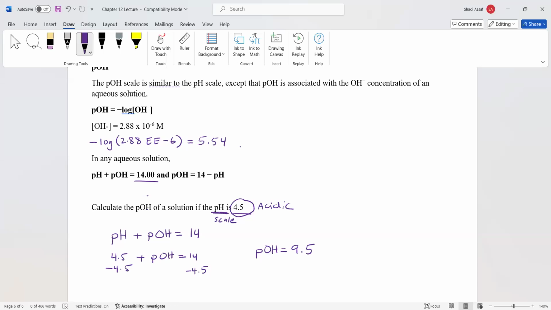So let's go back to this one right here to determine whether it's actually acidic or basic. So again, we will use the same equation, pH plus pOH equals 14. We will plug in the pOH value. We will subtract 5.54 from each side.